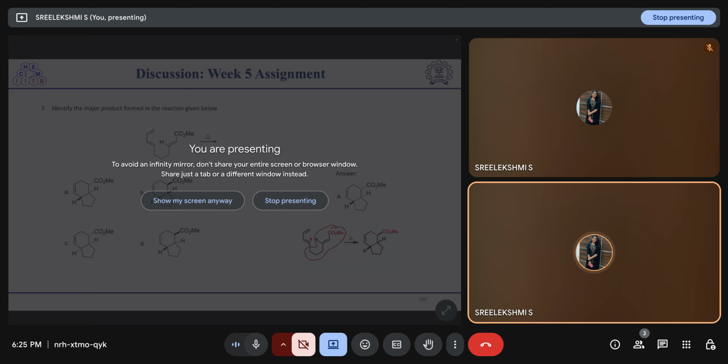So here this is the 4 plus 2 cycloaddition reaction, and we will be getting option A as the major product with this ester and this hydrogen in the cis stereochemistry, and both these protons will be in trans stereochemistry.